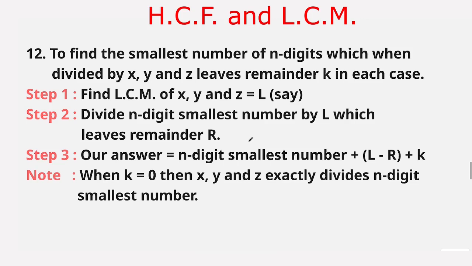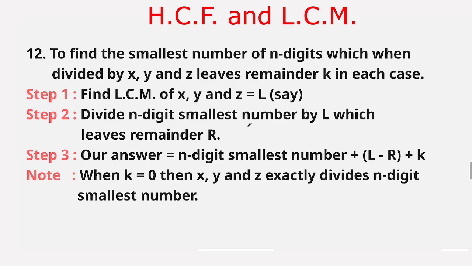Here 1 digit smallest number is 1, 2 digit smallest number is 10, 3 digit smallest number is 100, 4 digit smallest number is 1000. So this way we have to find the n digit smallest number.